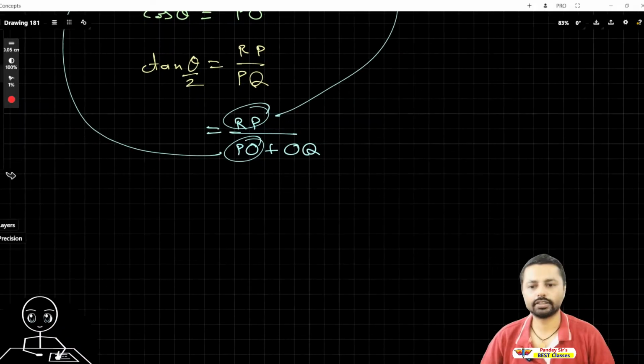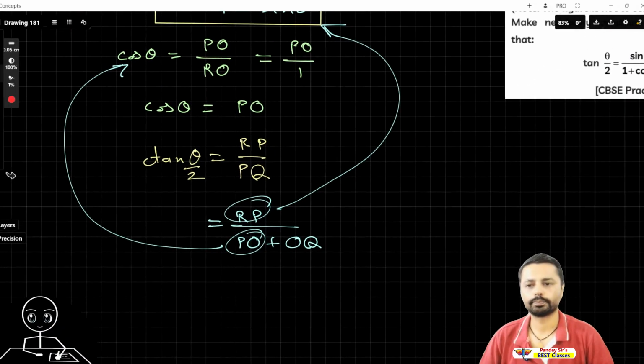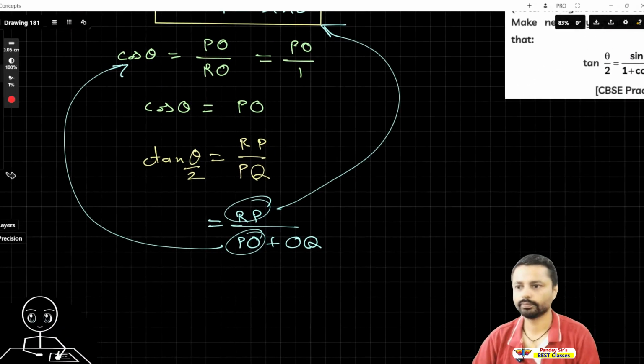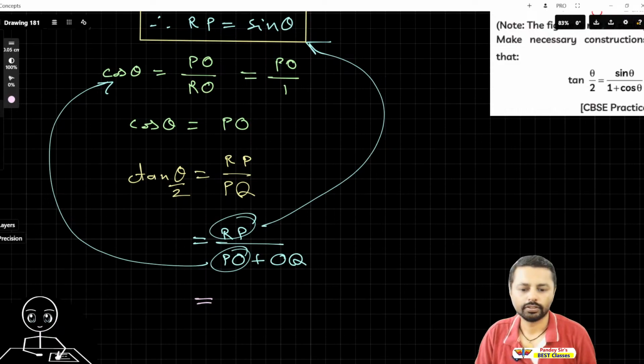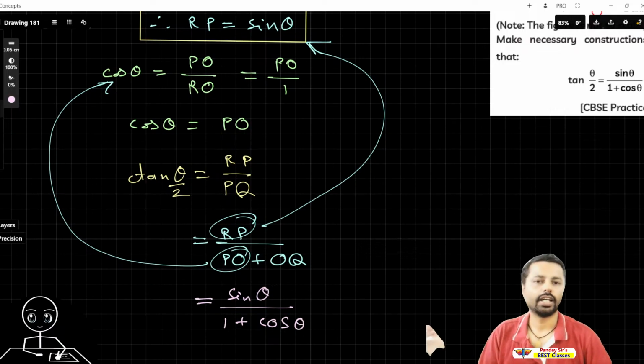Therefore tan theta by 2 equals sin theta by 1 plus cos theta. Okay, and hence proven.